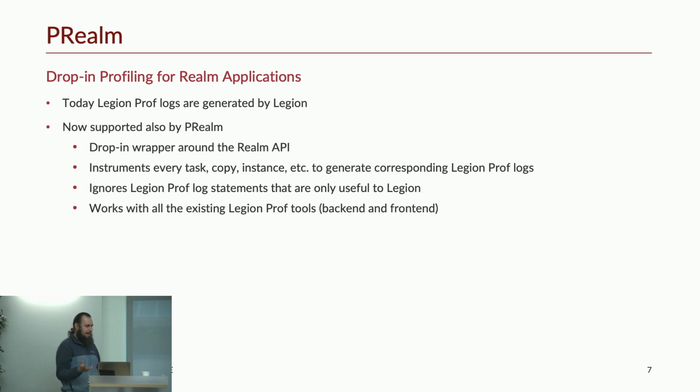You still have tasks, instances, copies, and so on. So this p-realm layer wraps around Realm. It takes the API wrapper approach. Anytime you call into a task, a copy, an instance, what have you, it instruments all of those things and takes care of dumping the logging format. From your application's perspective, you don't need to know anything.